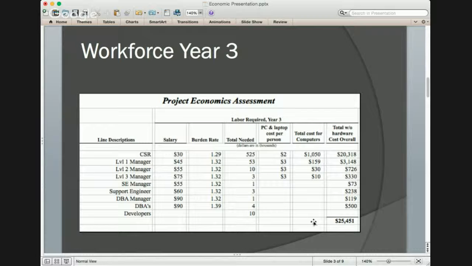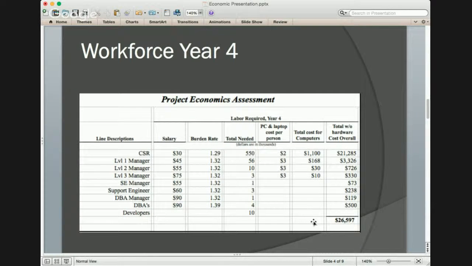I left out the total with hardware cost because you're not going to need to purchase brand new computers for every person. So we just have the hardware cost overall.